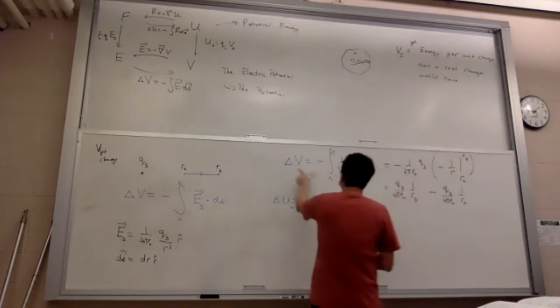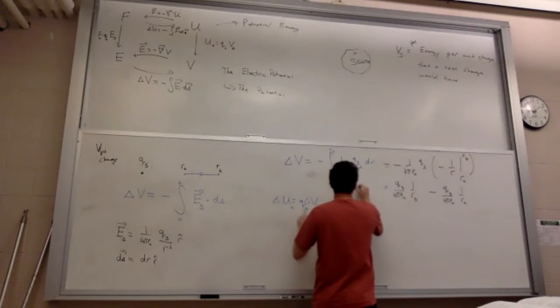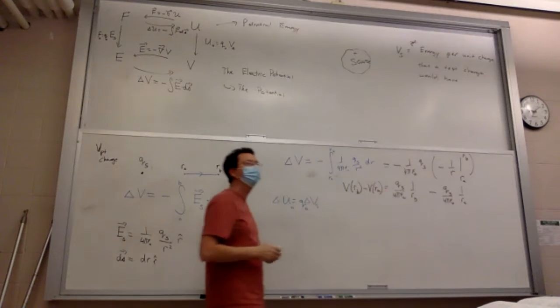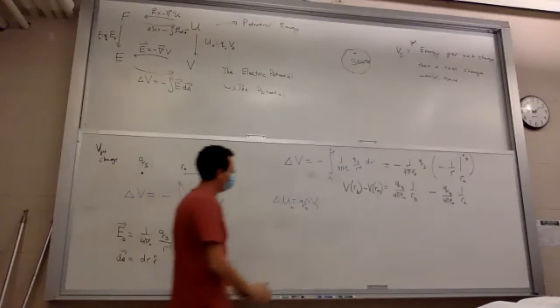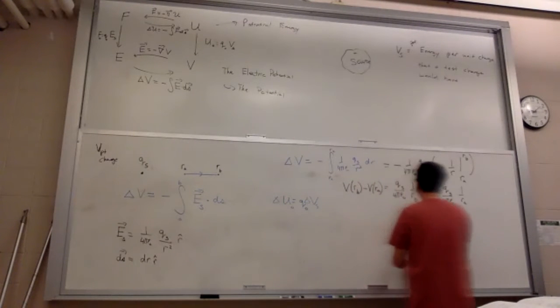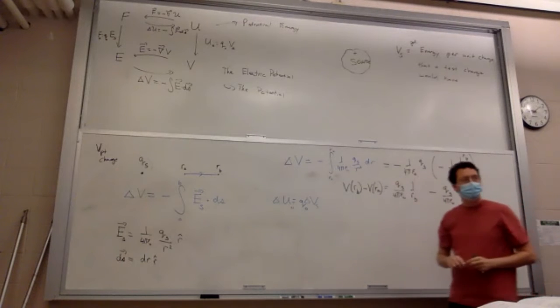Okay, now this is delta V. So this is V of RB minus V of RA. So I have a function of RB minus a function of RA equals a function of RB minus a function of RA.